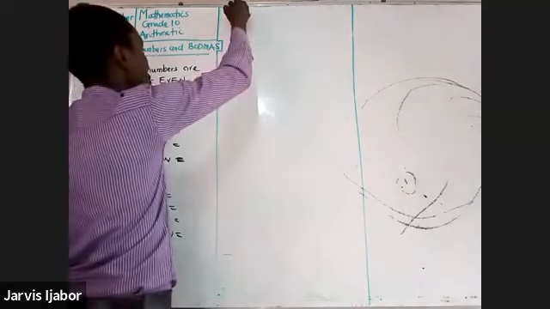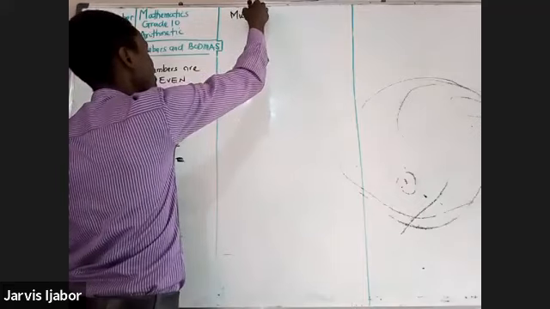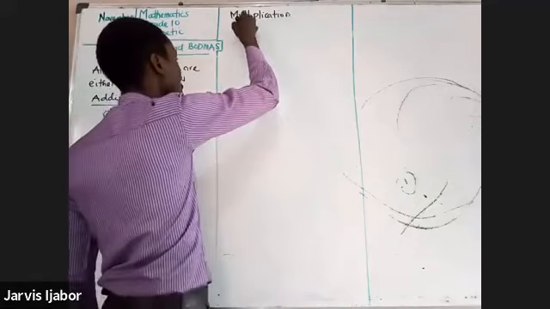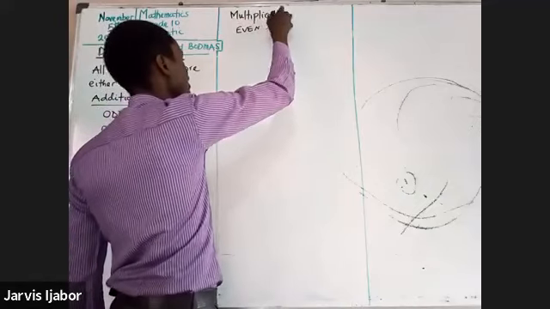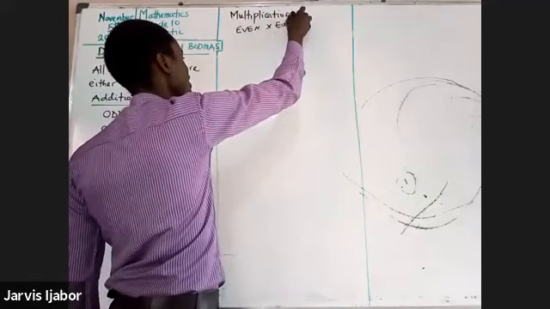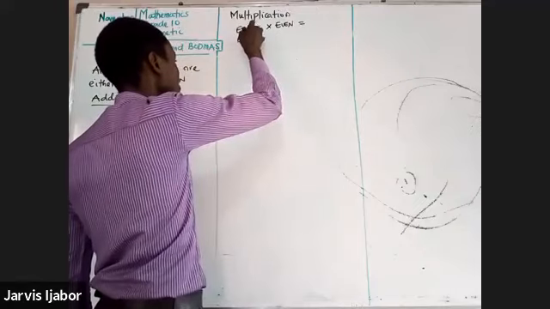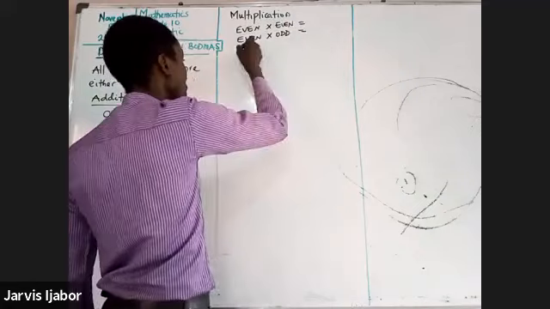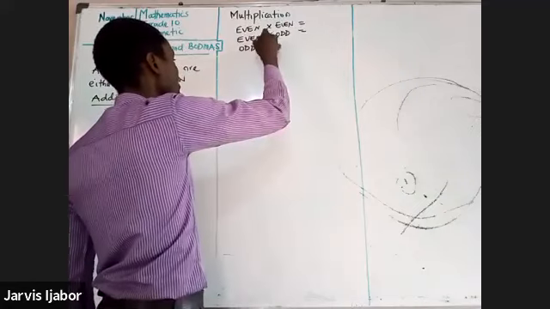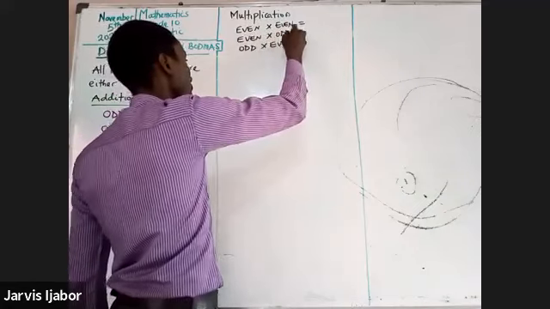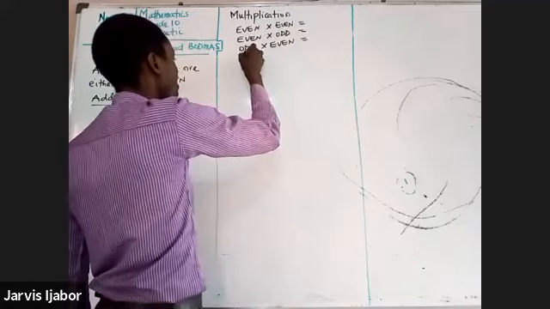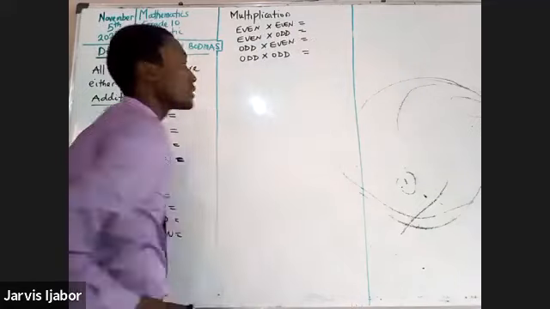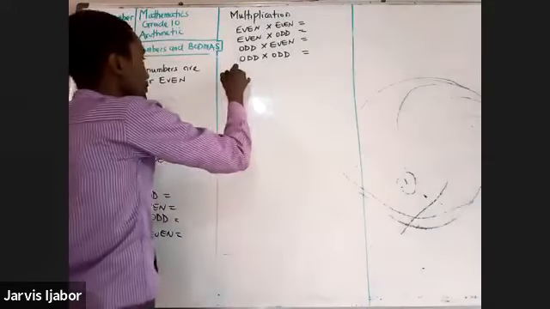Now let's go to multiplication. Even times even, even times odd, odd times even, odd times odd. Let's also go to division.